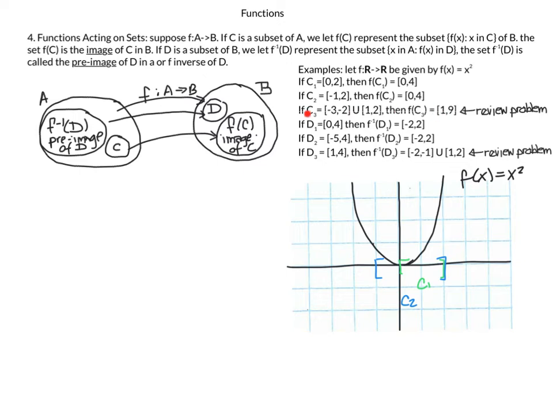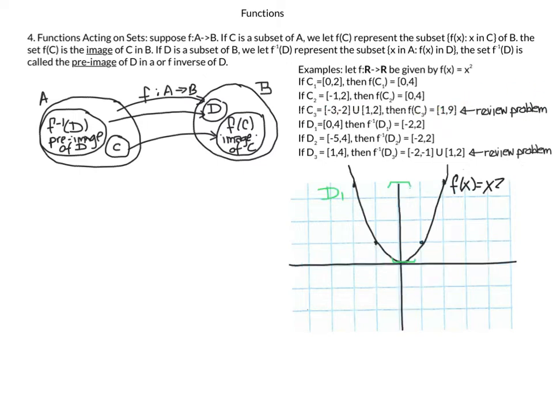This next problem here, C3, is done as a review problem. Okay, for these 3 examples now, I'm going to let this be D, the subset of B. So it's what gets mapped to. So if D is between 0 and 4, then if we want to find the pre-image of D, we need to look for the values of f that are between 0 and 4, and we want to find the values of x that map between 0 and 4.